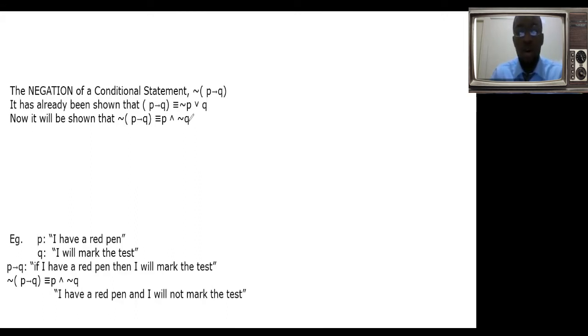Now, we're going to show that using the truth table. So the negation of P implies Q is P and not Q. Let's show that right now. So first thing, we draw our table.